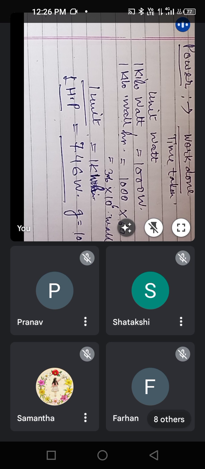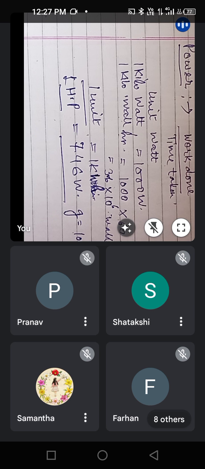Is the question clear? Also convert the power into kilowatt hour.